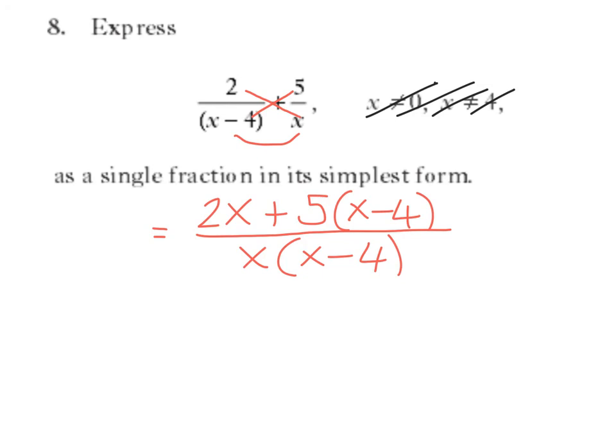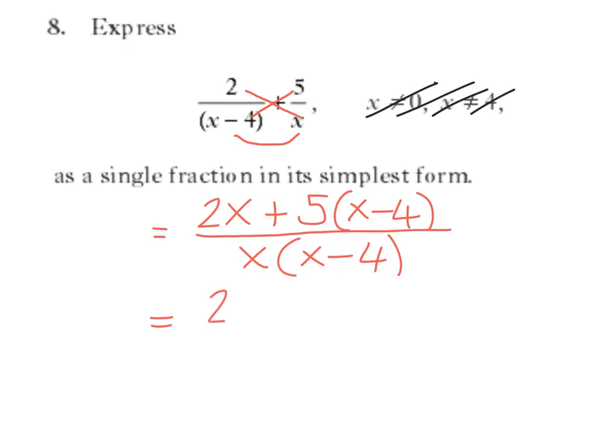Now, in order to simplify the numerator, we're going to multiply out the bracket, which means then we will be able to combine the like terms. We don't want to multiply the bracket out in the denominator, however, because there is always a chance we could simplify by cancelling. That won't be possible if we multiply it out. So we'll leave the denominator as it is.